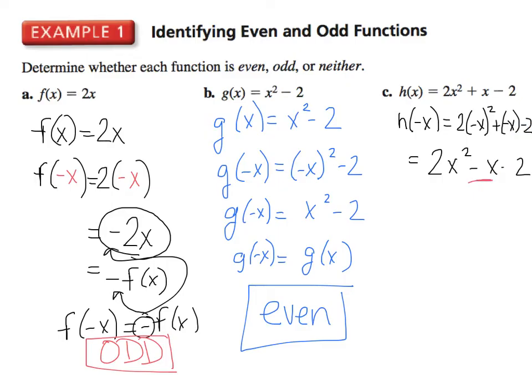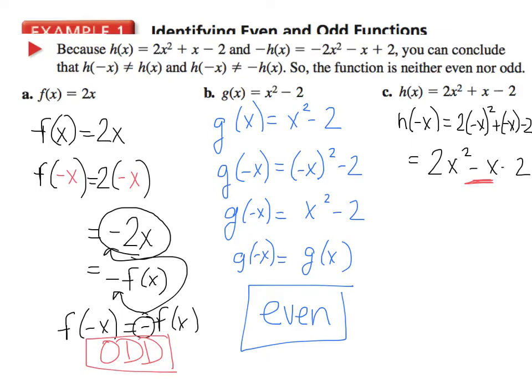No, the only thing that changed was my middle term. Therefore, because we didn't get either one of these, because 2x squared plus x minus 2, that's the original, and negative h of x, where everything would change, you can conclude that they are not equal to each other. So this function is neither even nor odd.